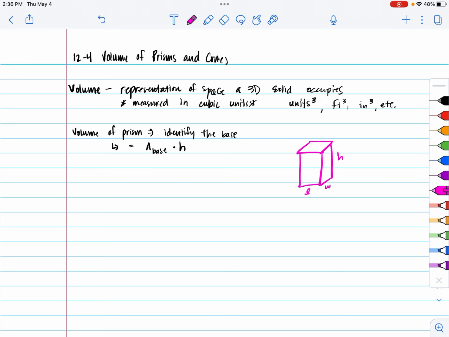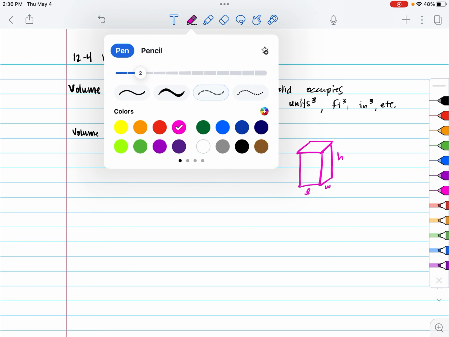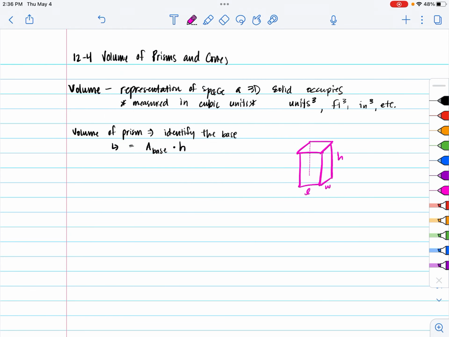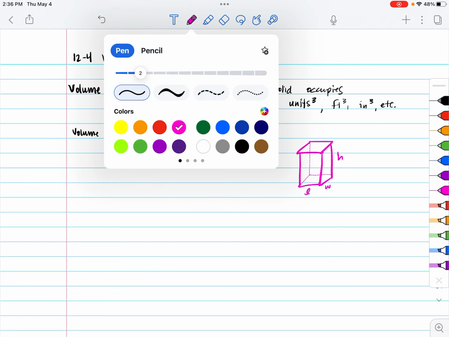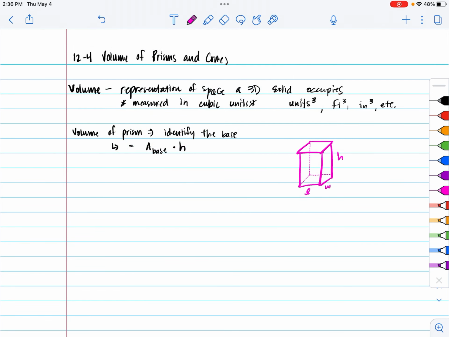But as we know, that only works in a rectangular prism. So what we want to do, ideally, is to calculate the base and then multiply it by the height. And that makes this significantly easier to generalize across multiple prisms, and cylinders even.